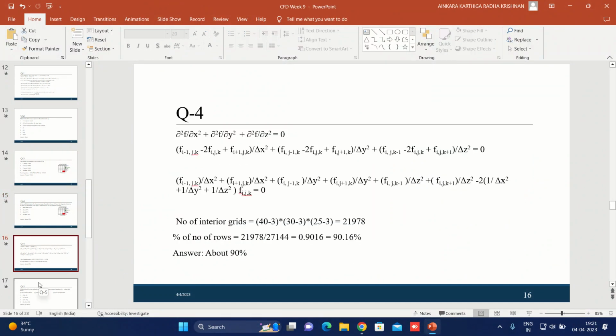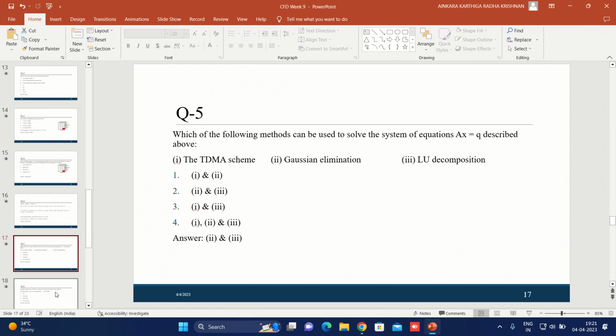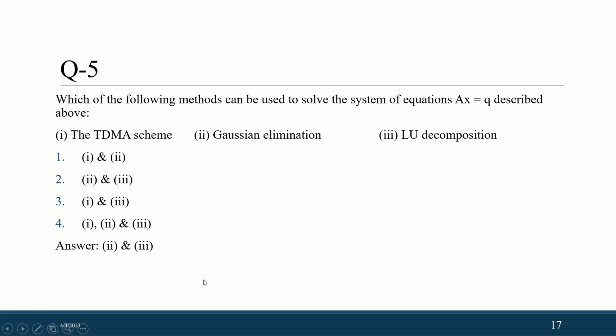So we'll just move to the next problem, that is question 5. Which of the following methods can be used to solve the system of equations Ax is equal to Q described above?